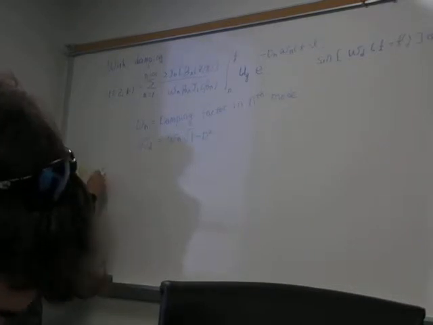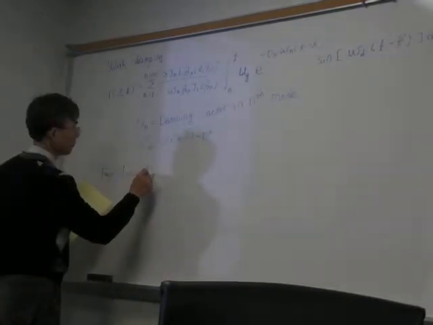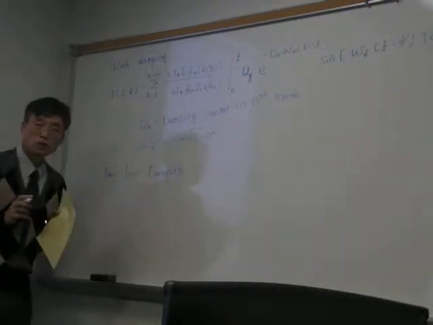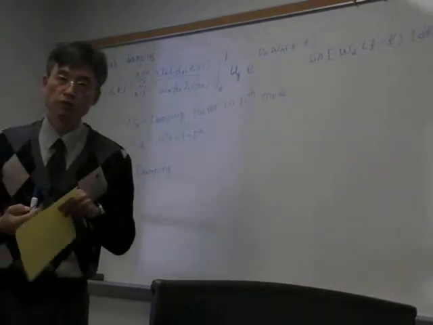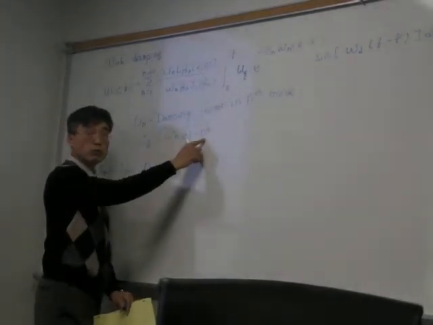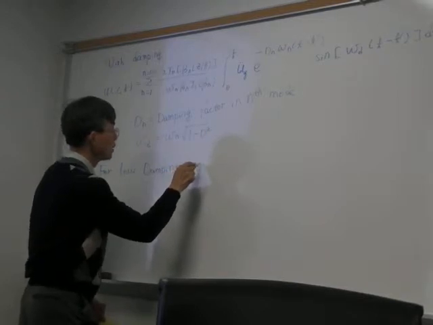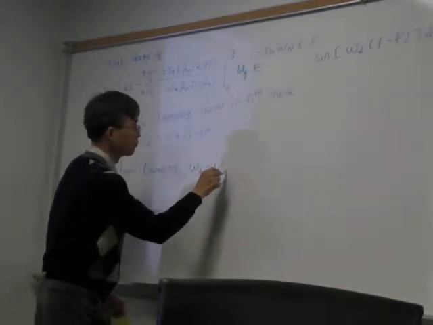For low damping, I mean, when the damping ratio is very small, then this number will be quite small. D squared will be even smaller. Then omega d will be approximately equal to omega n.